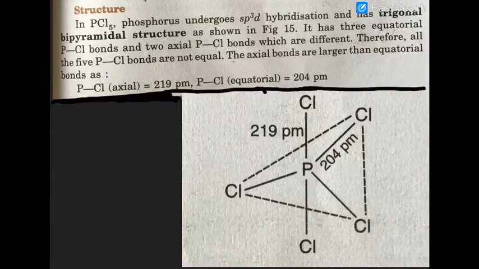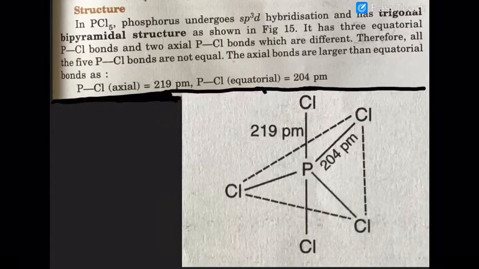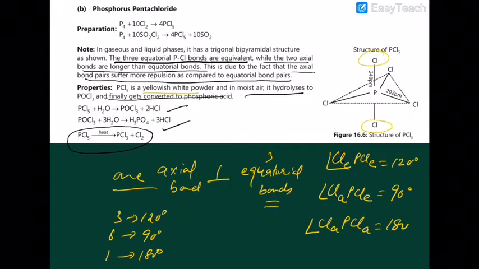Now look at the structure once more. If you look at the structure here, it should be 220. It should not be 240. It is too large. It should be 220.